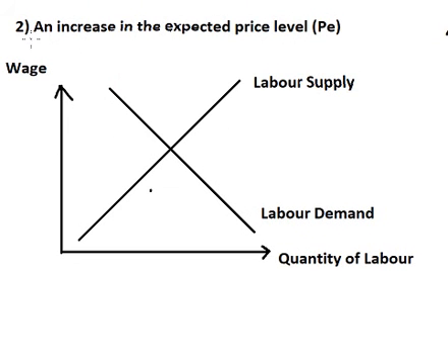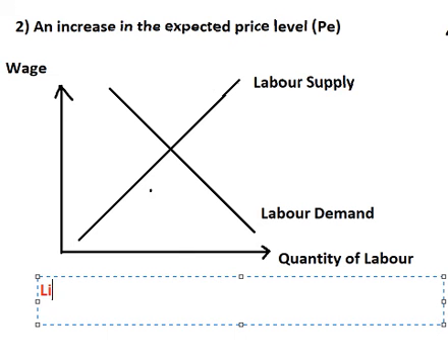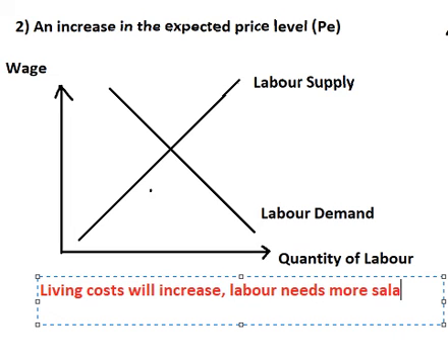Number 2, an increase in the expected price. When the expected price level increases, the living cost will increase. Because the living cost increases, labor needs more salary.